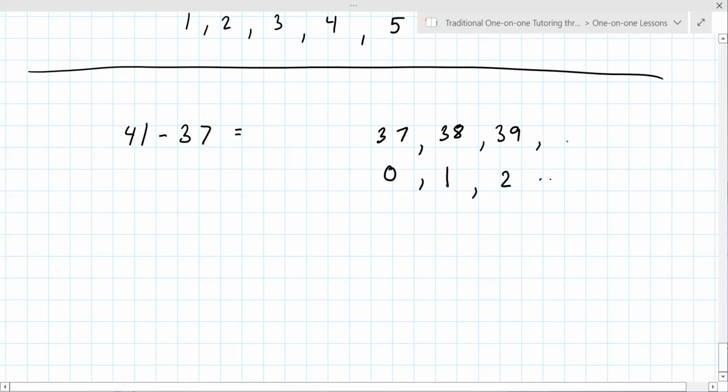Are you counting? What's the next number after 39? 40. After 39 comes, the 3 goes to a 4. 40, and that's 3. And then are you up to 41 yet?